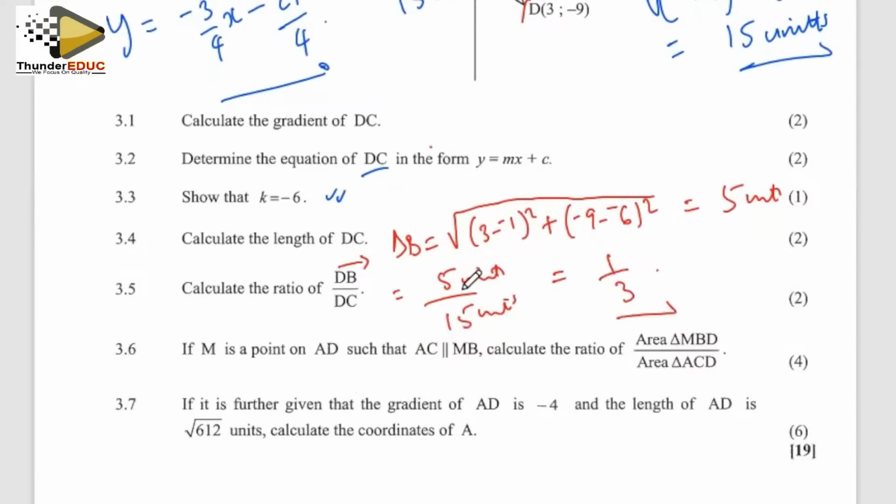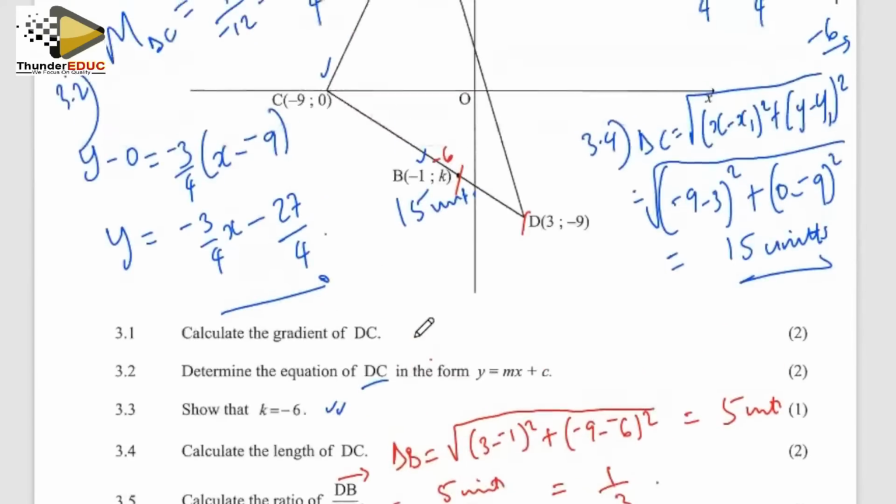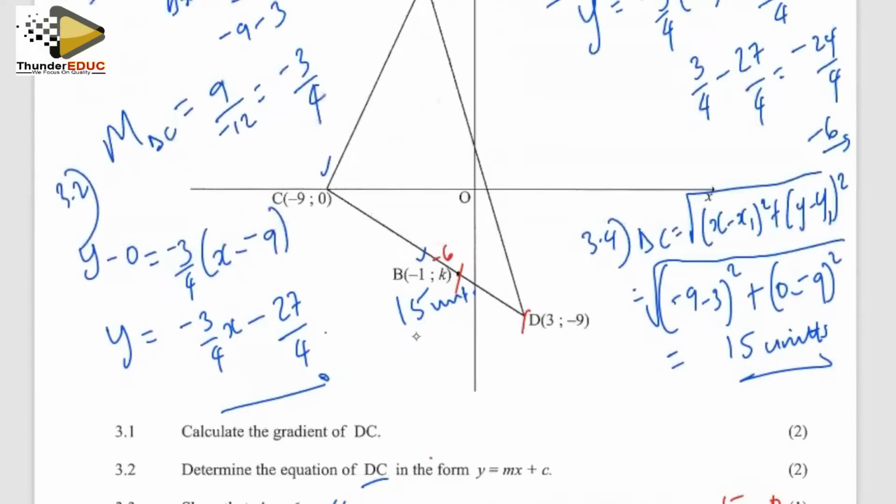3.6, M is a point on AD such that AC is parallel to MB. Calculate the ratio of area of MBD over the area of ACD. Now, if I'm to just imagine a line, something like that, if that is our imaginary line, and maybe this is our point M, okay?